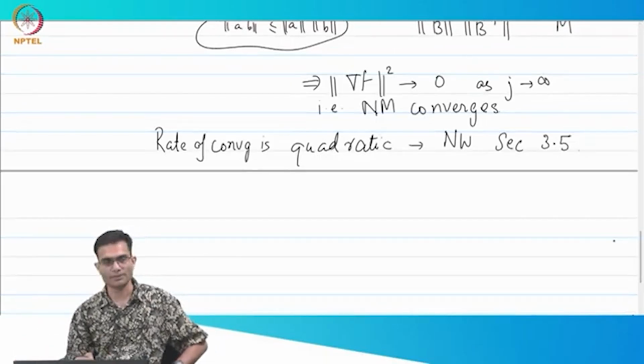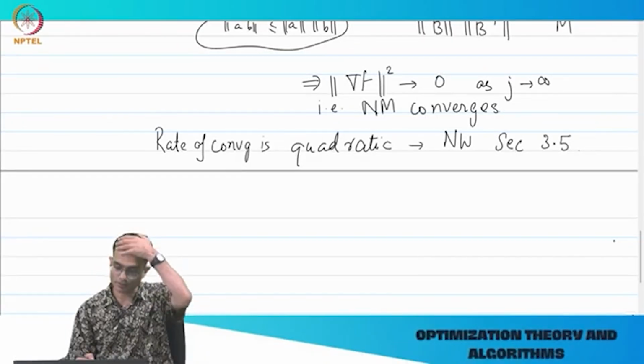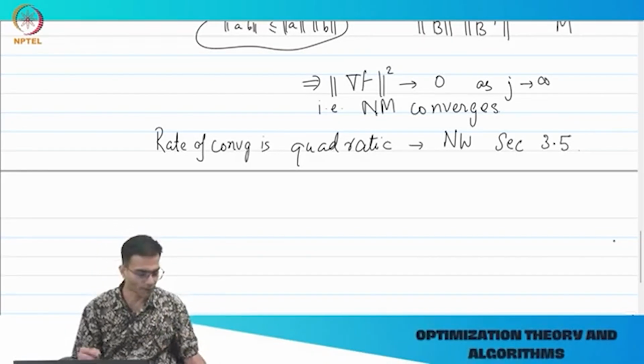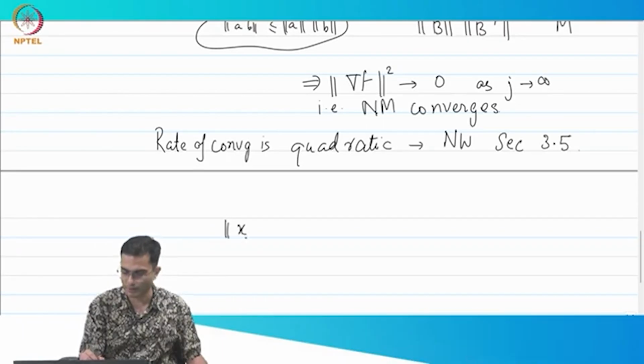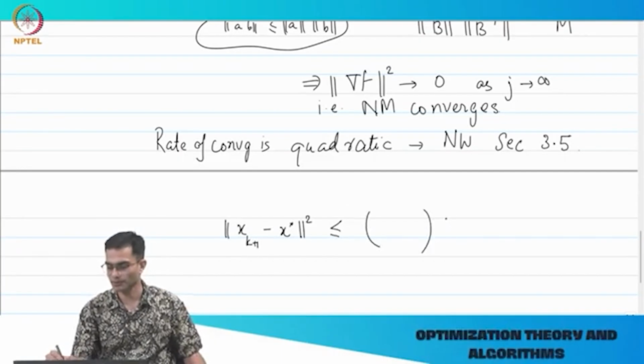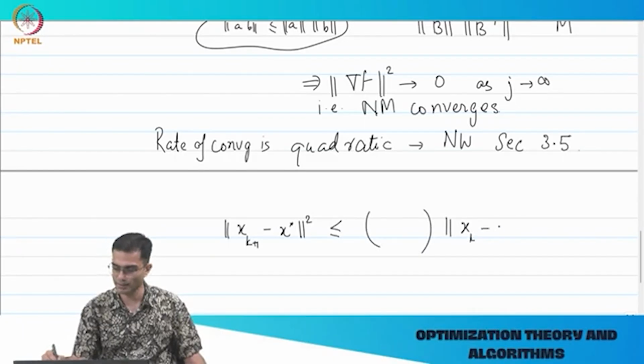As I've been saying many times, this is the reason why Newton methods are very popular, because you get quadratic convergence. Quadratic simply means that if I look at this distance, xk plus 1 minus x star, this is less than or equal to some constant times xk minus x star.